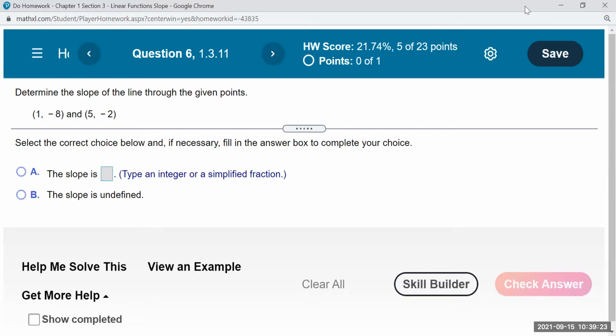So the 2 points are (1, -8) and (5, -2). Find the slope between those 2 points.